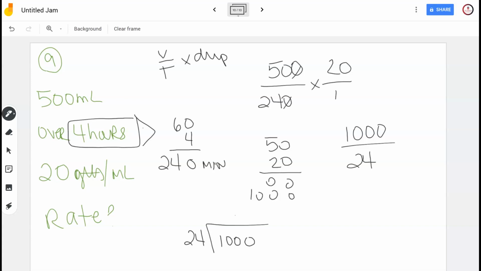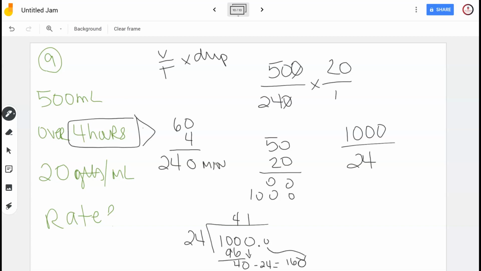24 goes into 100 4 times. It's going to end up being 96. 24 goes into 40 once. Run out of space. I'm going to cheat and use a calculator, haha, because I can, instead of doing my math. 16.